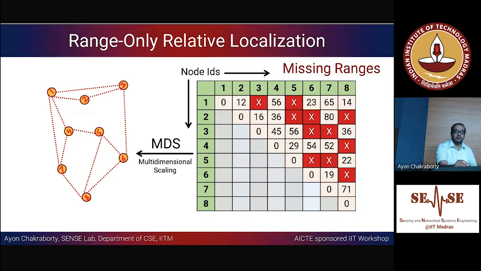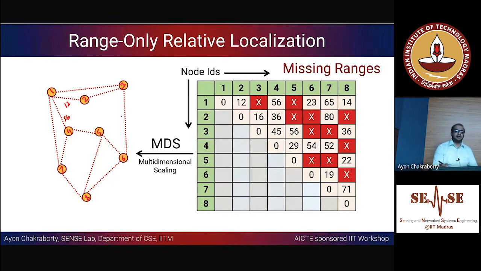Okay, what is the distance between 1 and 2? 12. What is the distance between 1 and 4? 56. What is the distance between 1 and 6? So in that case you have to connect 1 and 6. Yeah, in this case it is not connected, but still let's say you actually try to assign these values and try to figure out the topology.